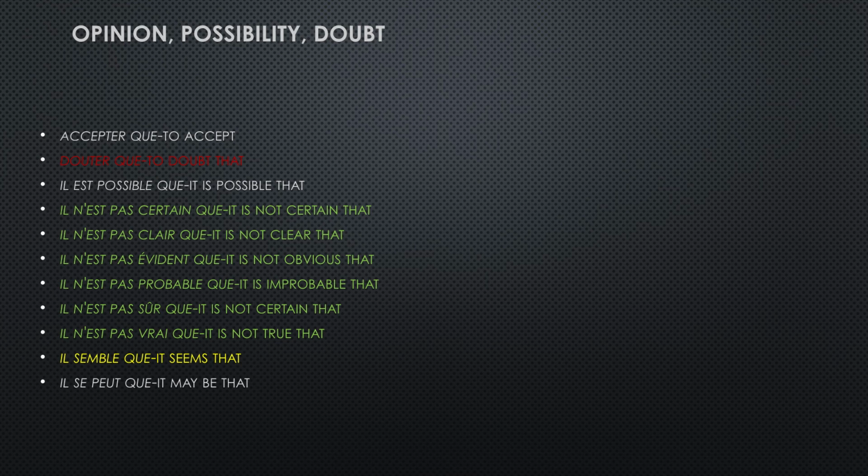But the main thing about the subjunctive is that there's sort of an ambiguity to the phrases that it is used with generally. If the phrase is a certitude, like il est certain que, even though it has the que, it's a certitude, you will use the indicative rather than the subjunctive.